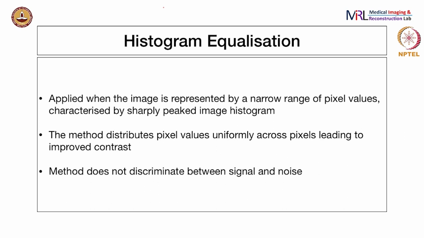And what this method does is to distribute the pixel values uniformly across pixels, leading to an improved contrast. Of course, the drawback with this method is that the method does not discriminate between signal and noise, which means that you might end up corrupting the image quite a bit.